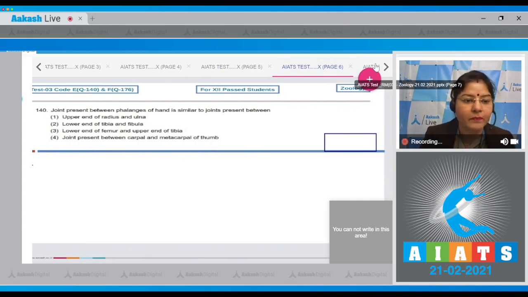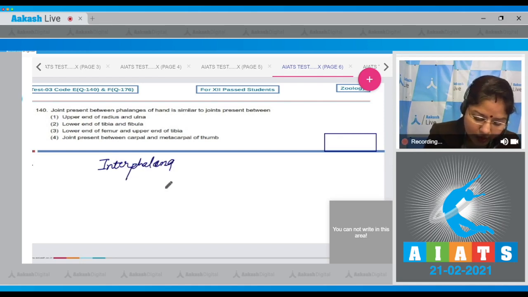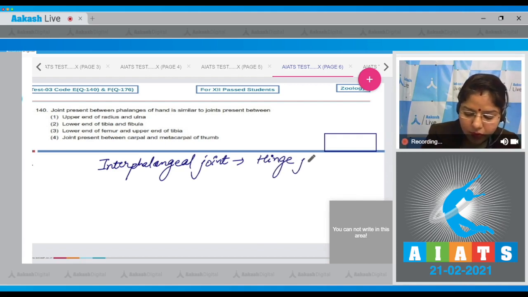Question number 140. The joint present between phalanges of the hand is similar to the joint present between which bones? The interphalangeal joint is a hinge joint. So, among the given options, we have to find out in which two bones a hinge joint is present.